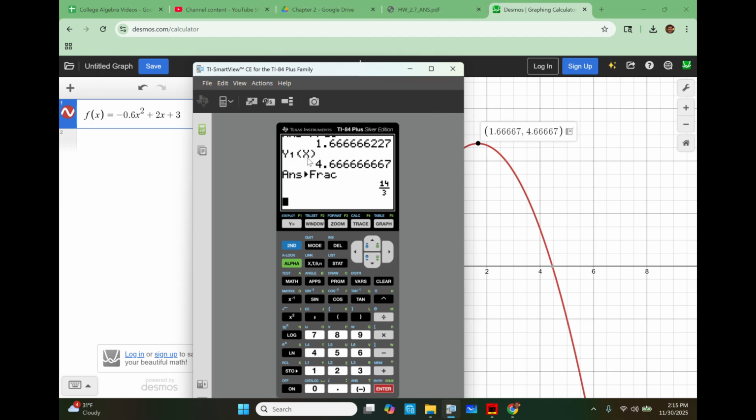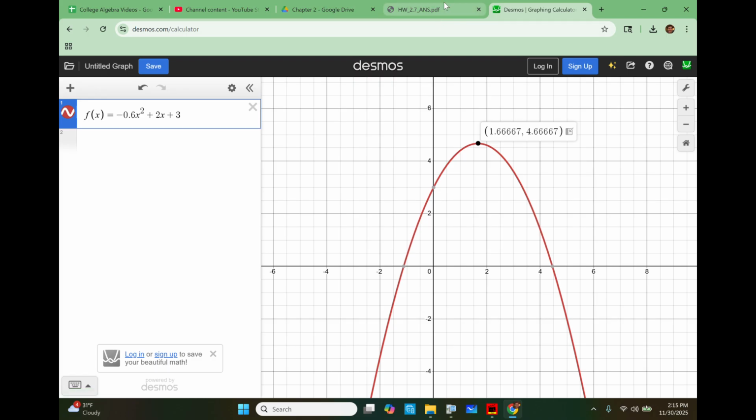Again, this x has nothing to do with the graph x. You can use any of these letters, all these letters in green, A, B, C. The x one's right here, so it's quick to use. So I put this number into the y1 function, and it gave me the exact number that I was able to math fraction. So that's just something you can do.